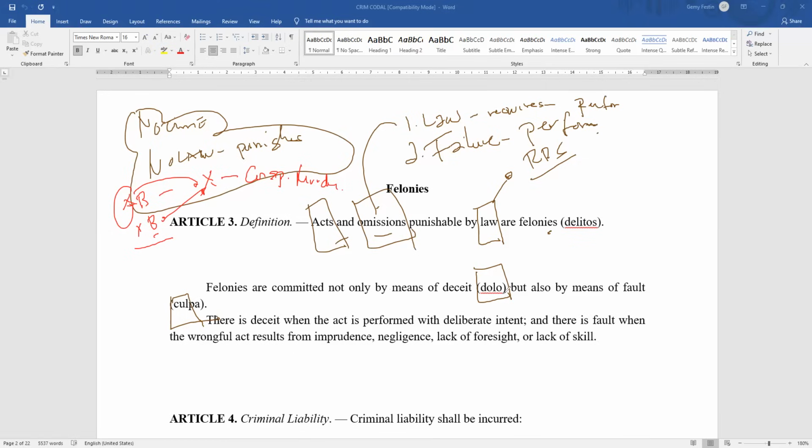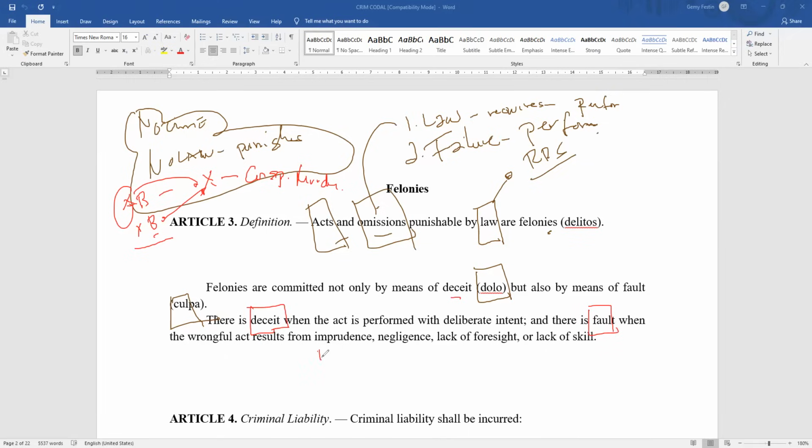Okay, let's go to dolo and culpa. So there is deceit and there is fault. How do we differentiate one from the other?